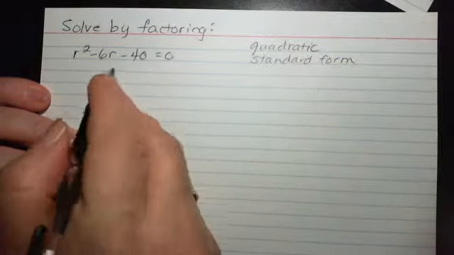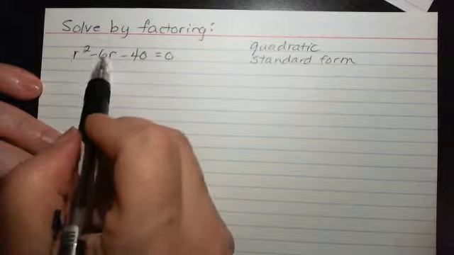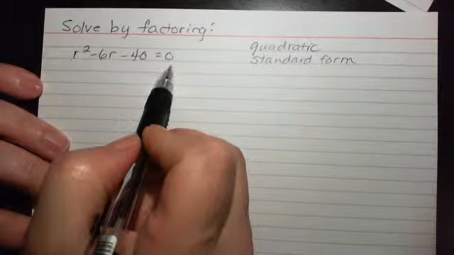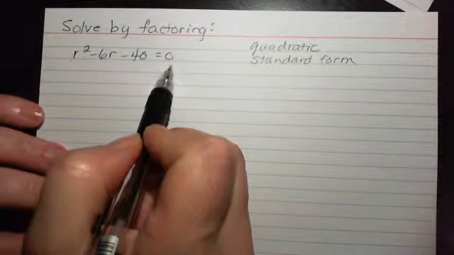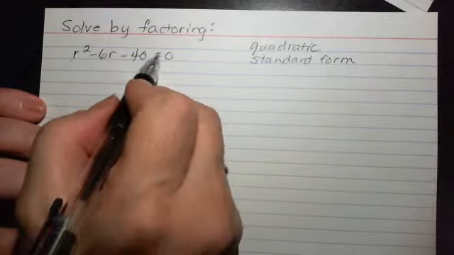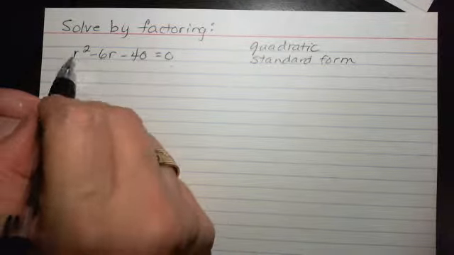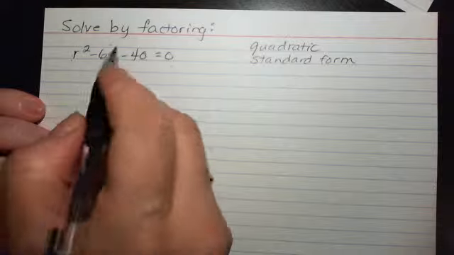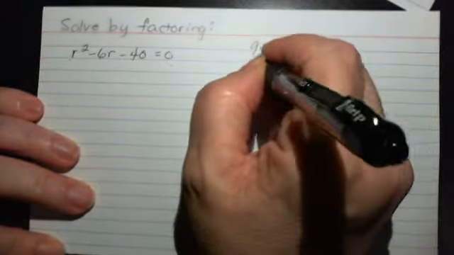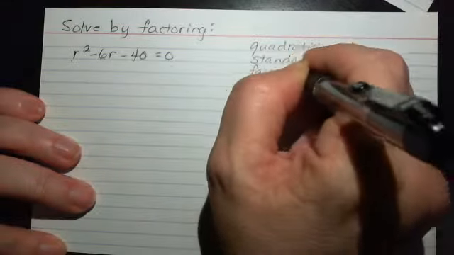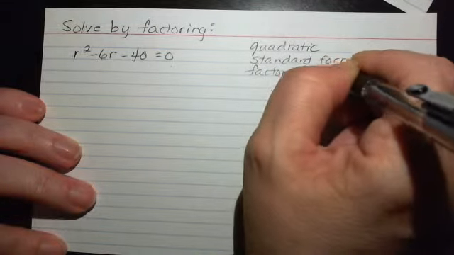And so is it in standard form? Yes, it's in descending order on this side, and it's 0 on this side. That's considered standard form. And so if it is in standard form, we want to try to solve by factoring. So we want to factor the polynomial.